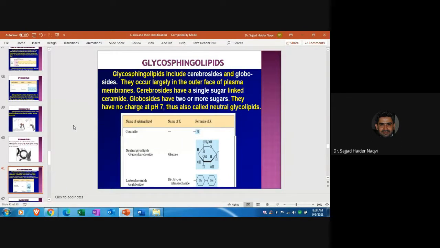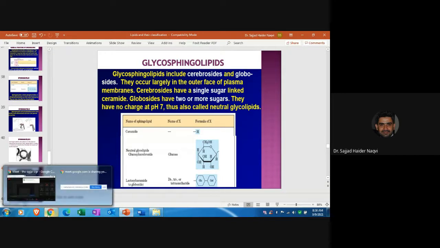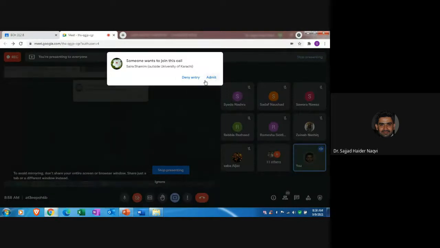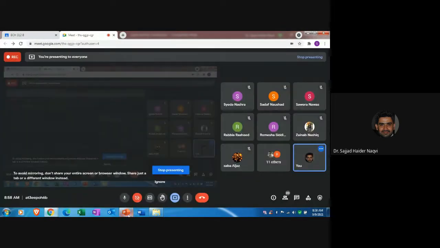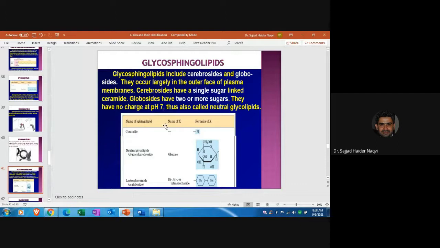So glycosphingolipids include different categories of the molecule, and glycosphingolipids include cerebrosides, which is one example, and globoside, which is another example of glycosphingolipids. Primarily, they occur in the outer face of the plasma membrane, and the reason is that they have polar group in them, so that's why they face the outer part of the membrane where they have water environment.